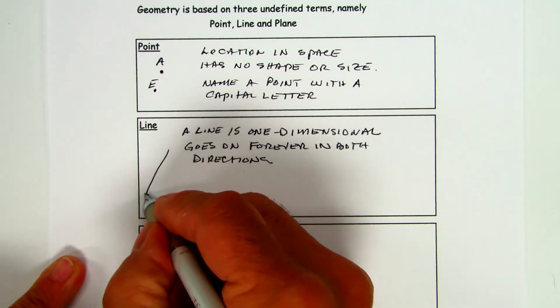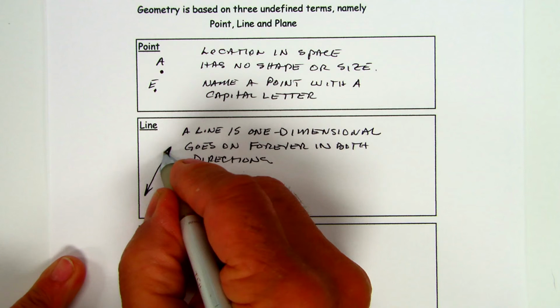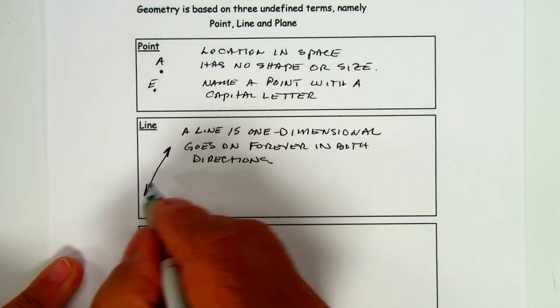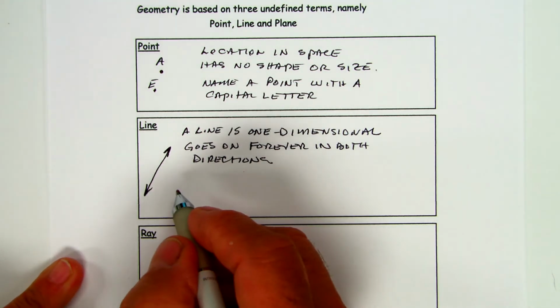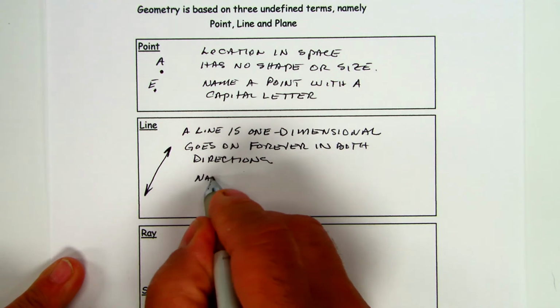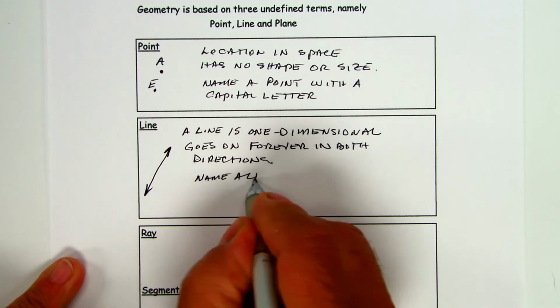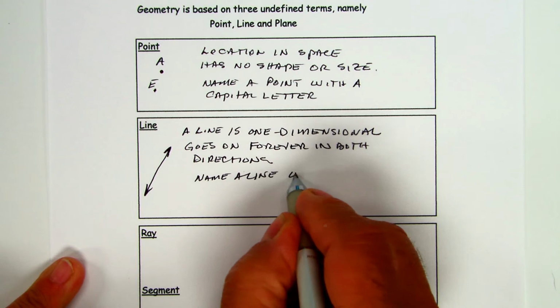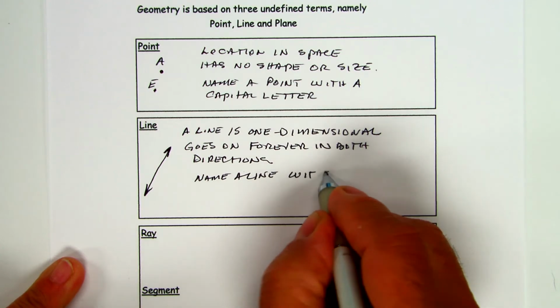This could be our line right here. Has an arrowhead at each end, and we name a line with two capital letters.